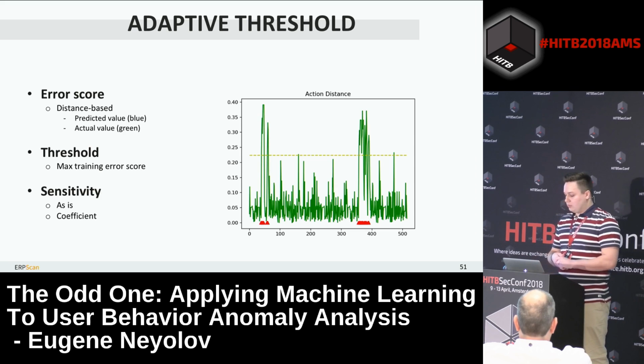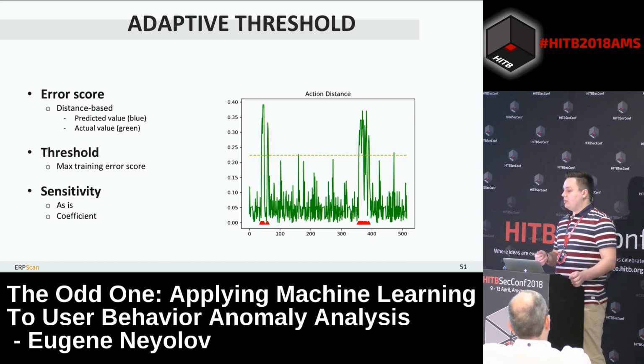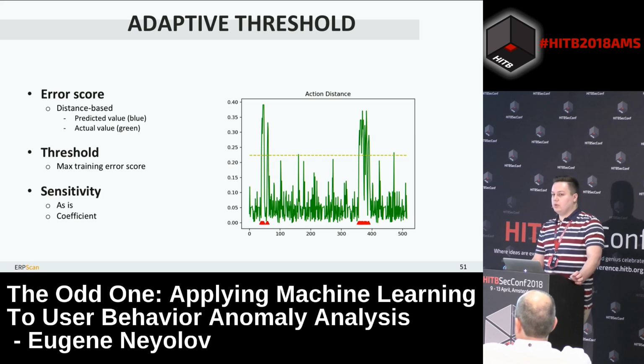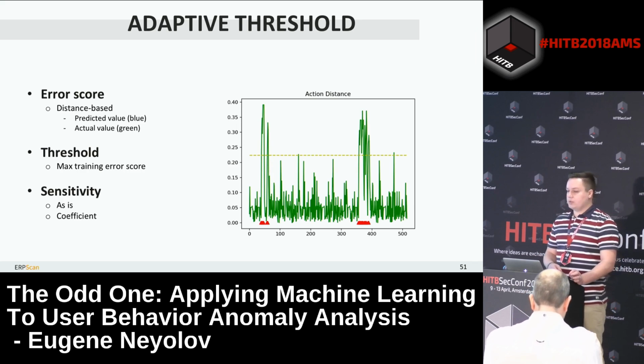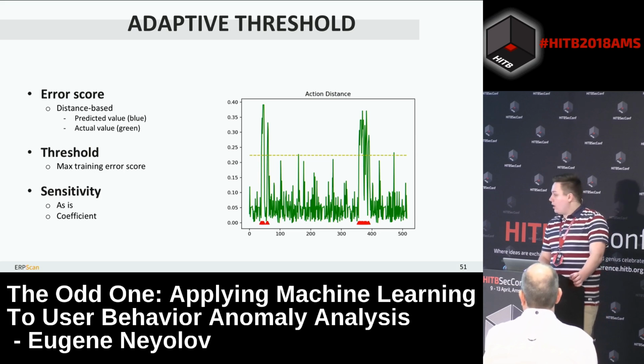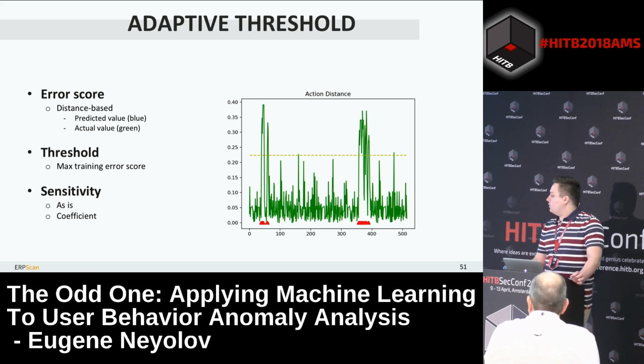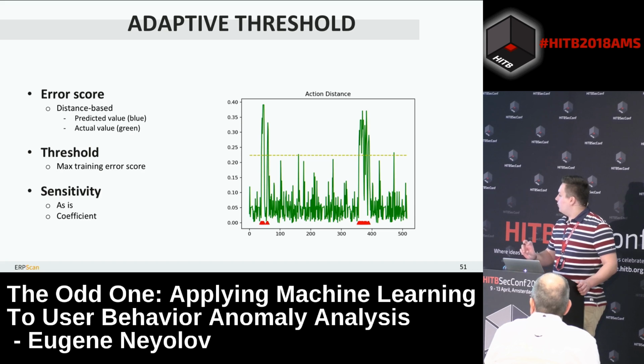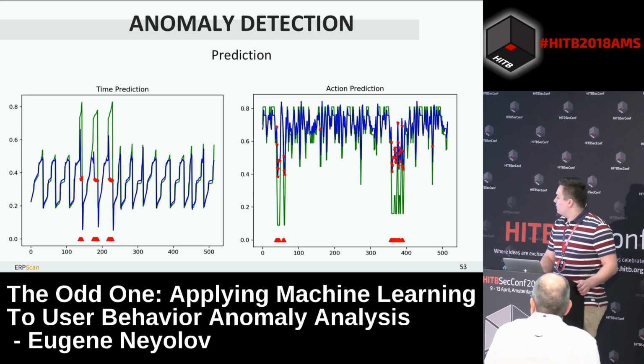Assuming that the whole data set is normal and we don't have anomalies there, we take the biggest error, the biggest distance, as a threshold, which means that if everything is normal, even with some deviations, then what is more than this deviation would be anomalous. We can change the sensitivity of this threshold by multiplying it by some coefficient, so you can make it stronger or weaker. And here you can see the distances. The green things are the distances between these points.